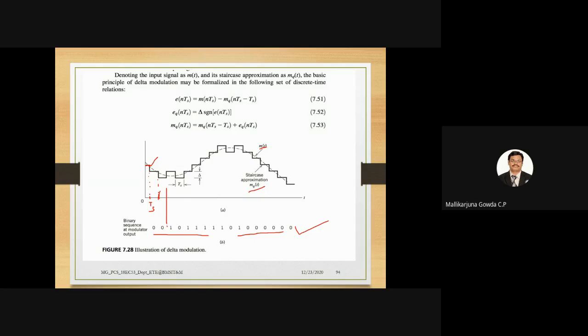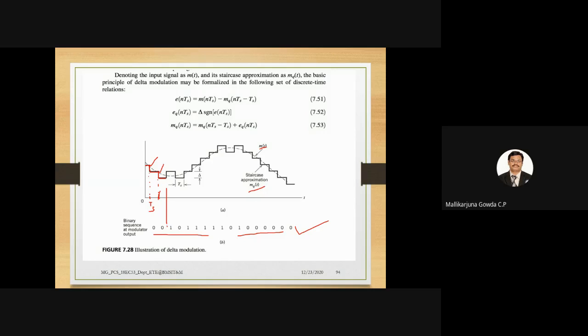So now I will be decrementing this by delta, where delta is the step size. Then for the next sampling interval, that is 2Ts, I will be comparing. Now also my approximated signal is still greater than the analog input signal, so further it will be decremented by delta. Till the next Ts it will stay at that value.